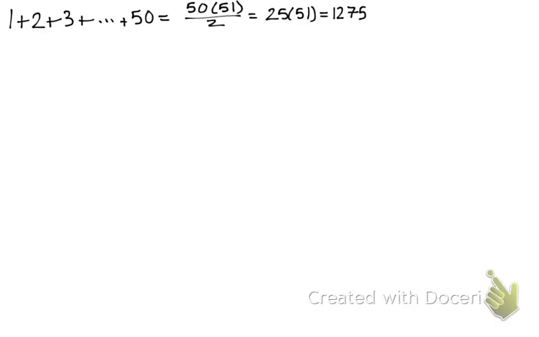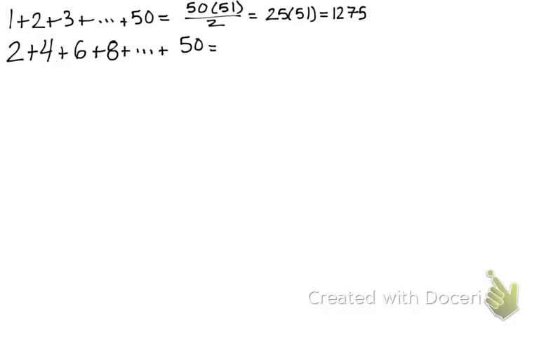But what if we have a variation on that? Say we want to find 2 plus 4 plus 6 plus 8 all the way up to, say, we'll go up to 50 again for whatever reason, except this is a different calculation.